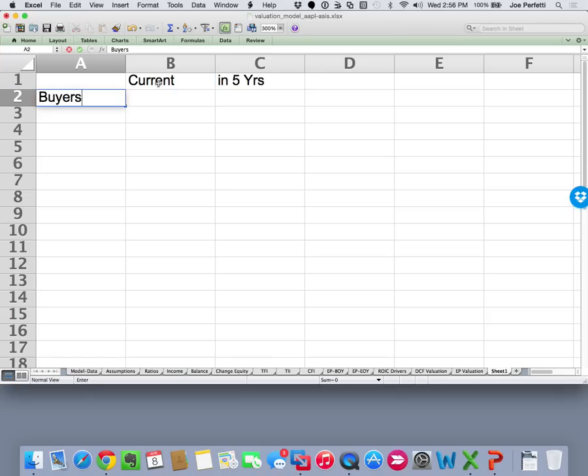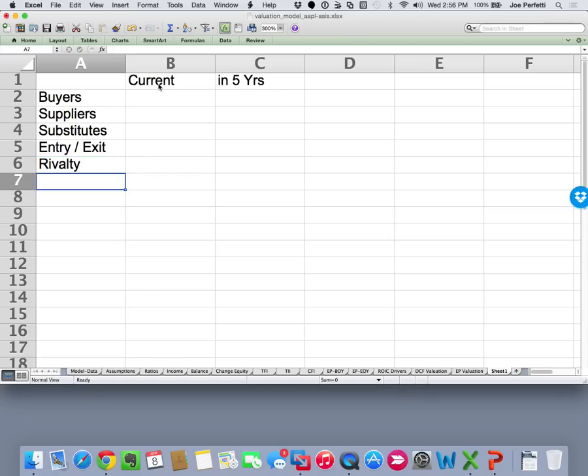And then I want to look at buyers, suppliers, substitutes, entry and exit, and rivalry. By the way, tuition, higher education schools, same thing. Anyways, back to this.